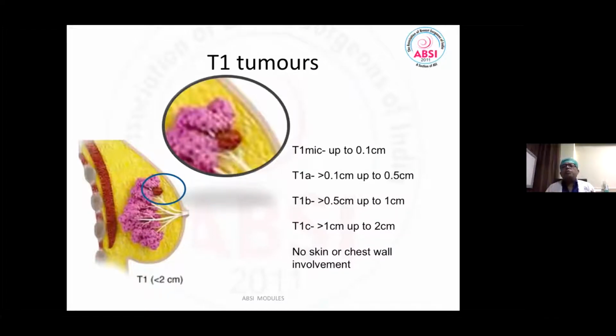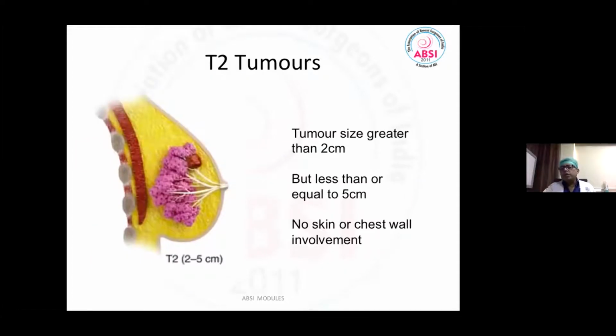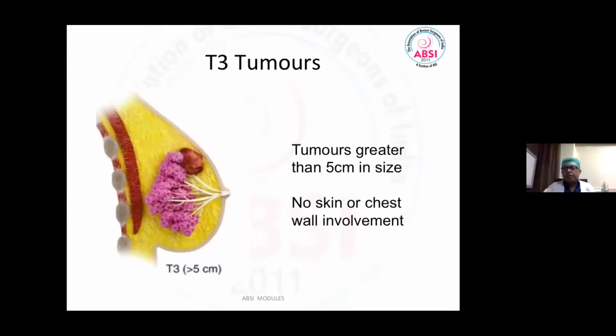So coming fast to the T1 tumors, as you all know, you can subdivide into T1a, T1b, and T1c, depending on less than 0.1 to 0.5, 0.5 to 1 centimeter, and between 1 to 2 centimeter, and of course, without any involvement of the skin. And T1 microscopic disease is up to 0.1 centimeter. T2, of course, is 2 centimeter to less than 5 centimeter, and T3 is 5 centimeter or more.